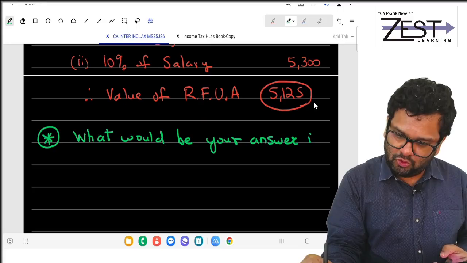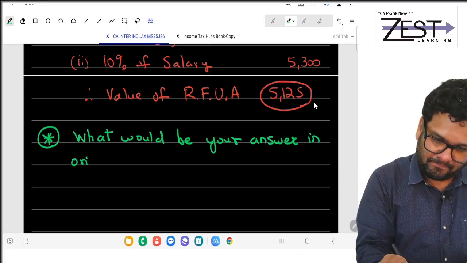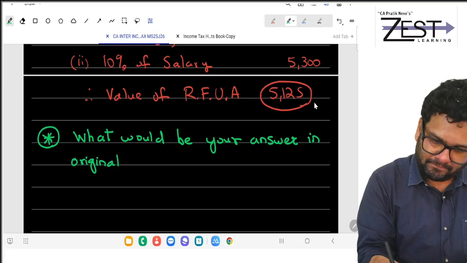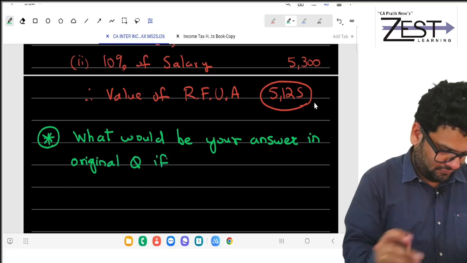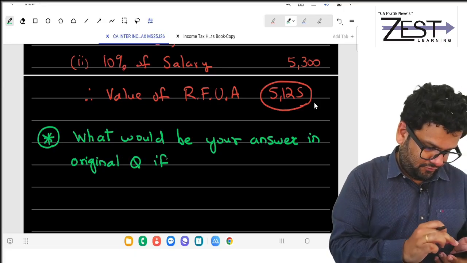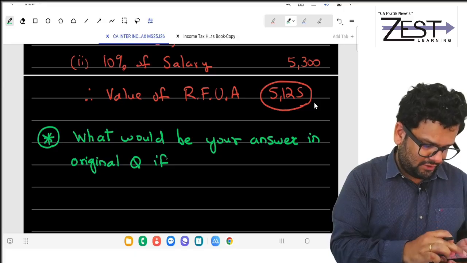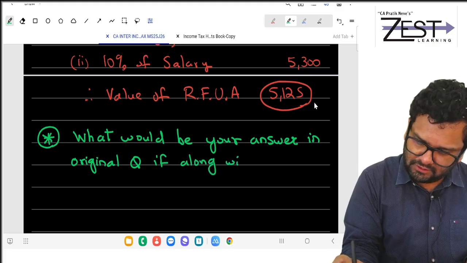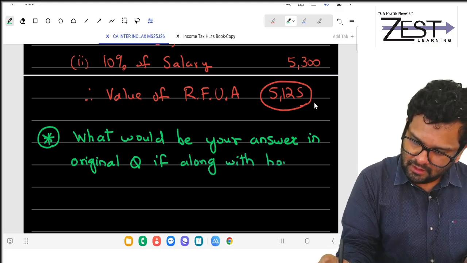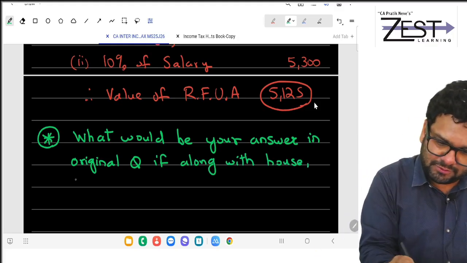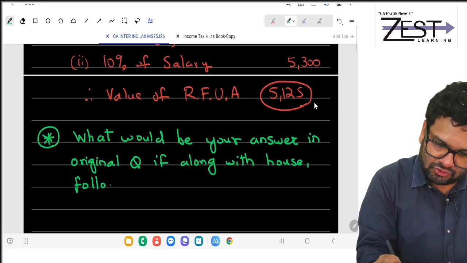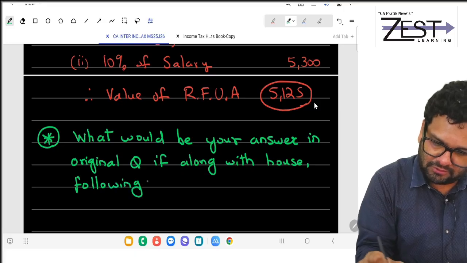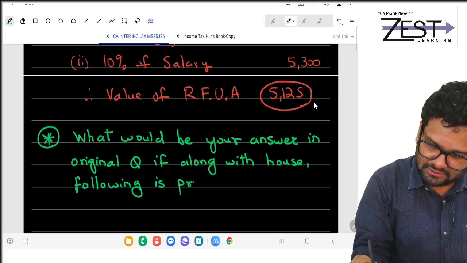What would be the answer in the original question if, along with the house, the following is provided? So now it will be the introduction of what? Furniture.